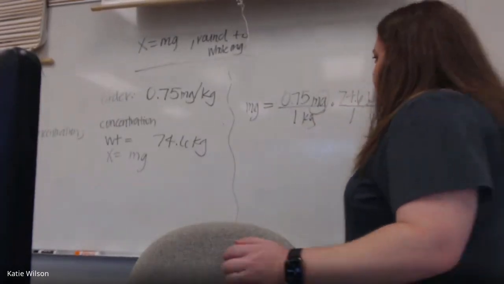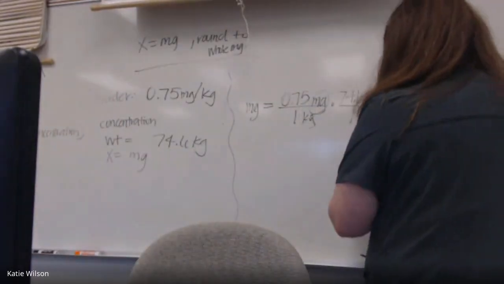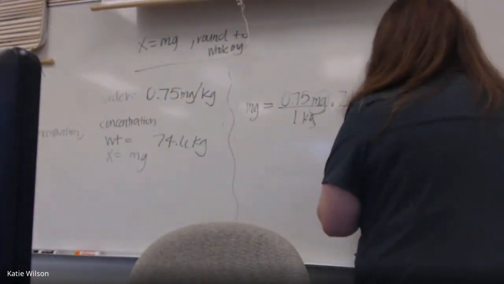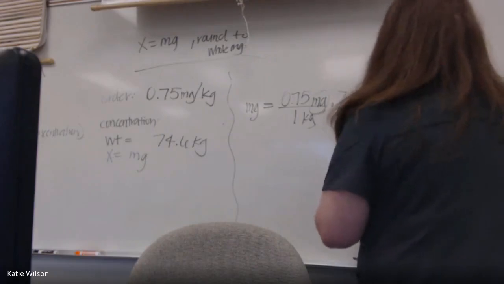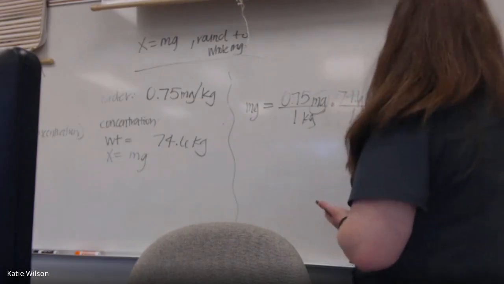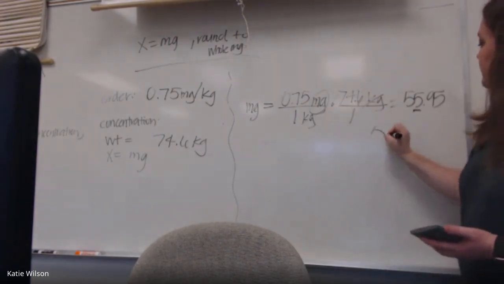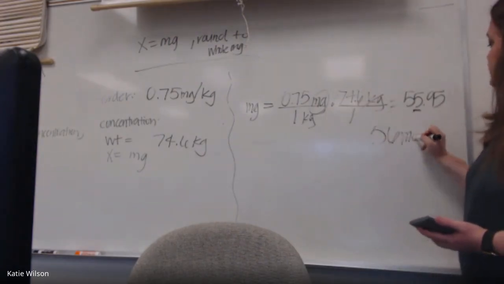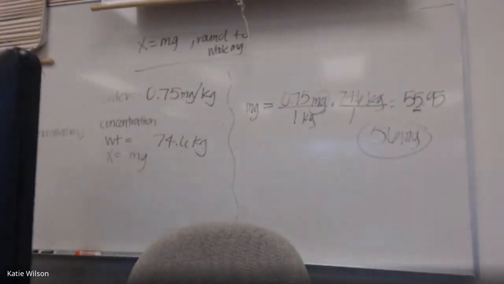So 0.75 times 74.6. And I'm rounding to what? Nearest whole number, so what does that round to? 56. 56 milligrams should be how much I'm going to administer.